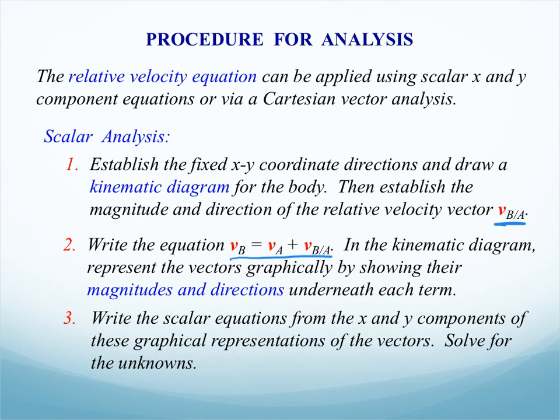For instance, as we saw in the last example with the wheel, the velocity had to be in the horizontal direction. Therefore, if we got any terms in the y direction, or the vertical direction, we would know that those components would have to add up to 0, and that might help us solve for an unknown quantity, say, the angular velocity.